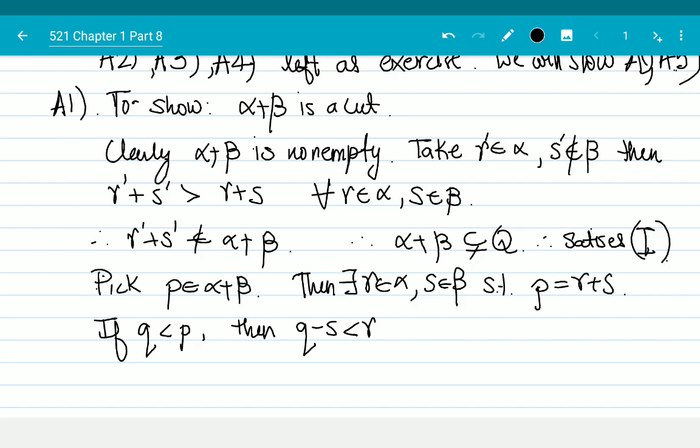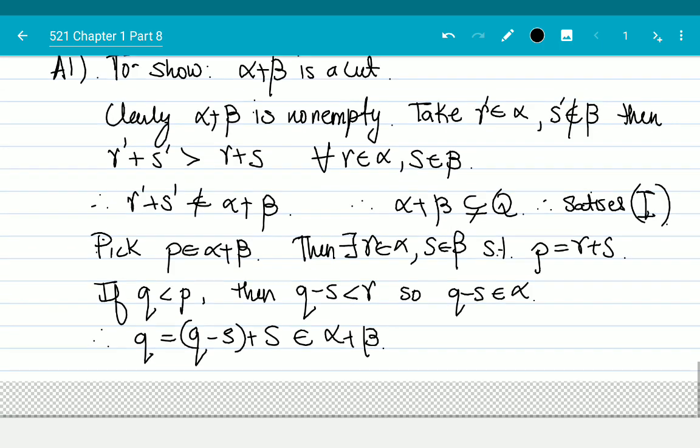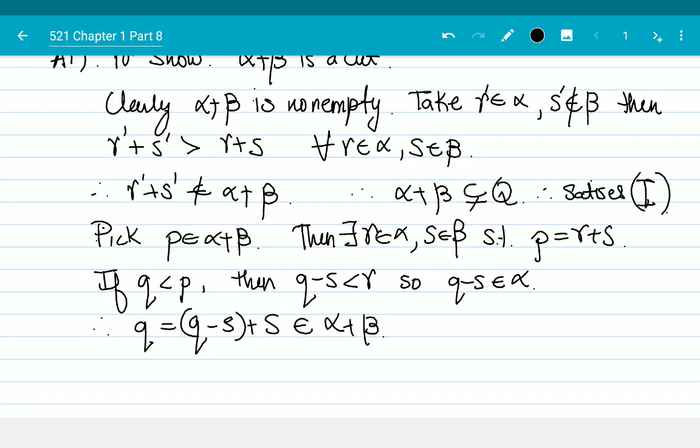Because P minus S is just R. So Q minus S belongs to alpha, right? Therefore, Q, which is equal to Q minus S plus S, belongs to alpha plus beta, right? Therefore, 2 holds.